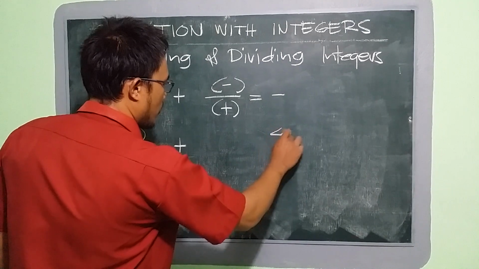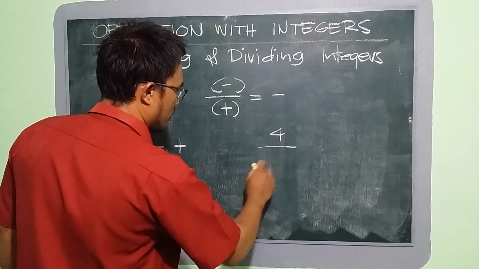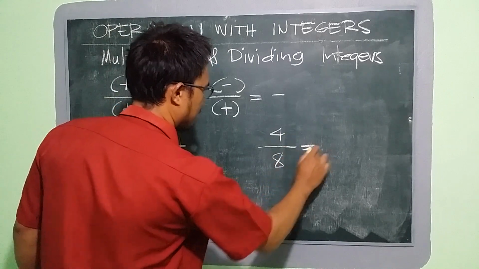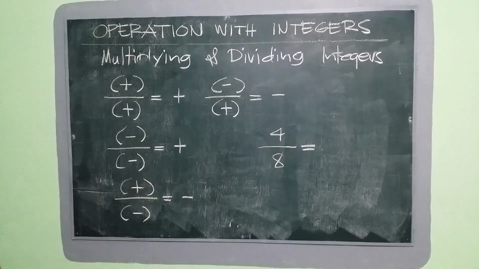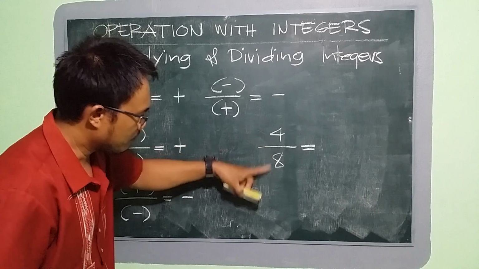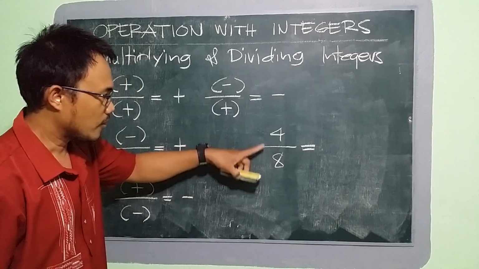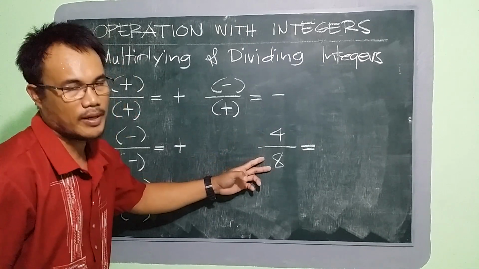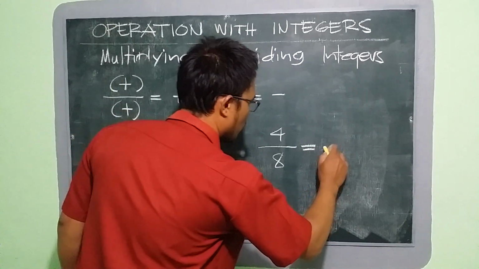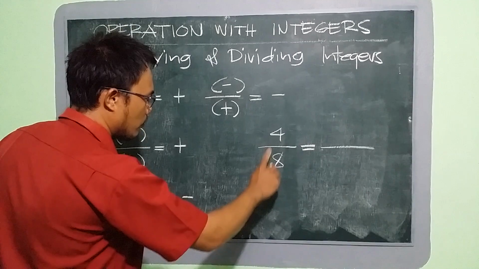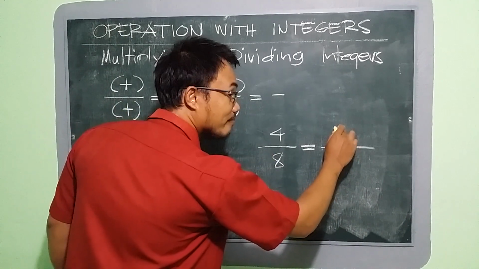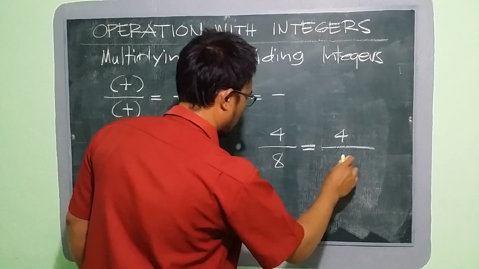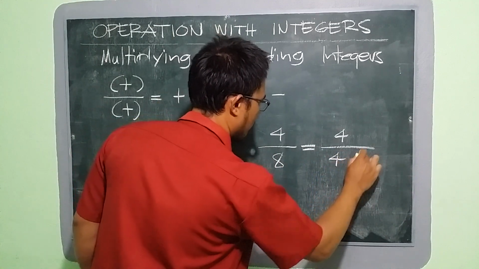Let's say we have 4 over, let's say, 8. Since all numbers are positive, positive 4, positive 8. That is equivalent to, we factor out 4, or we factor out 8, we have 4 times 2.